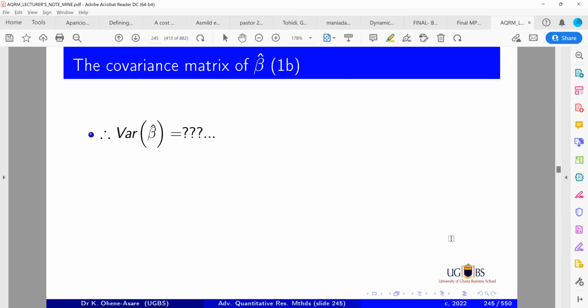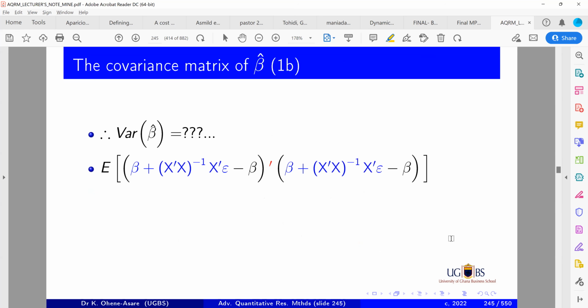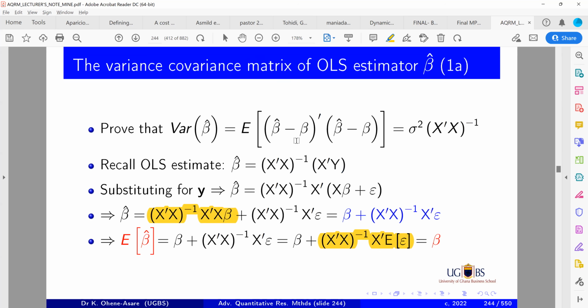Now, how do you find the variance of the beta? Remember, the variance is given by (beta cap minus beta) prime, and then (beta cap minus beta) without a prime. Now, this beta cap, we know it, and then we know the beta.